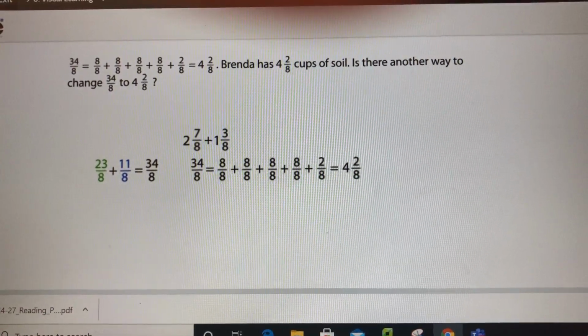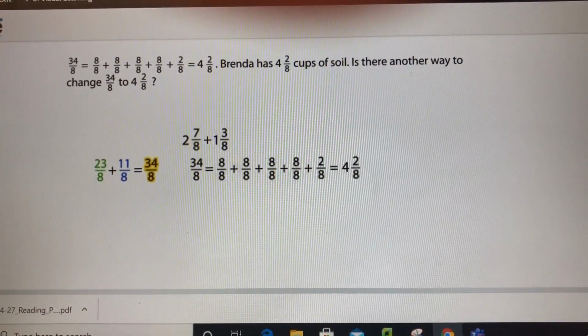Is there another way to change 34/8 to 4 and 2/8?